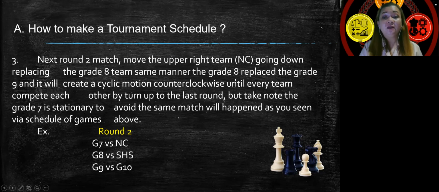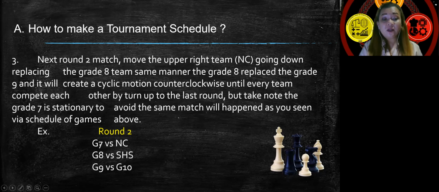In the same manner, the grade 8 replaces the grade 9, and it will create a cyclic motion counterclockwise until every team competes with each other. Of course, take note, grade 7 is stationary to avoid the same match that will happen, as you see in the schedule of games above.